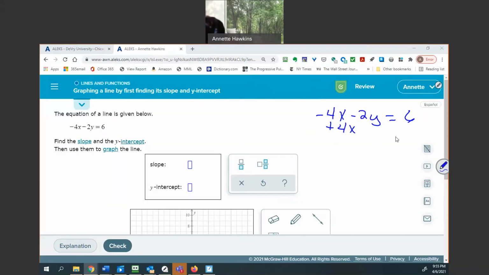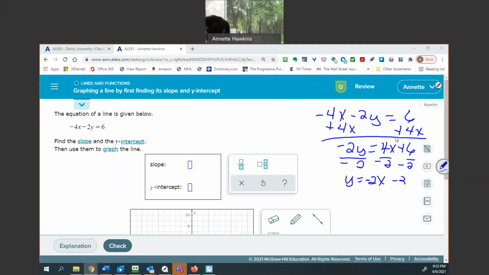Add 4x. Negative 2y equals 4x plus 6. Divide by negative 2. Y equals negative 2x minus 3.